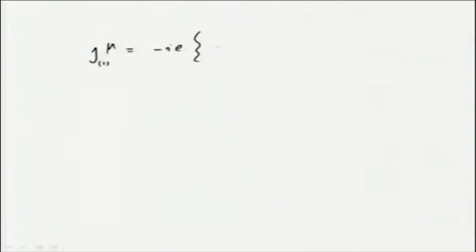So, J mu is equal to phi_f star times minus i p_a phi_i minus plus i p_b phi_f star phi_i.